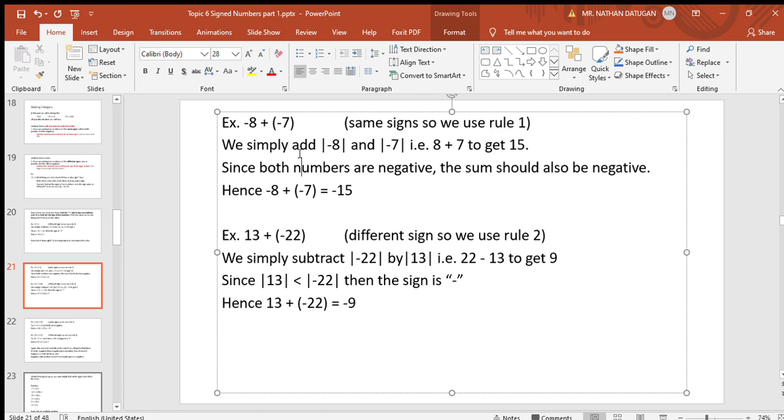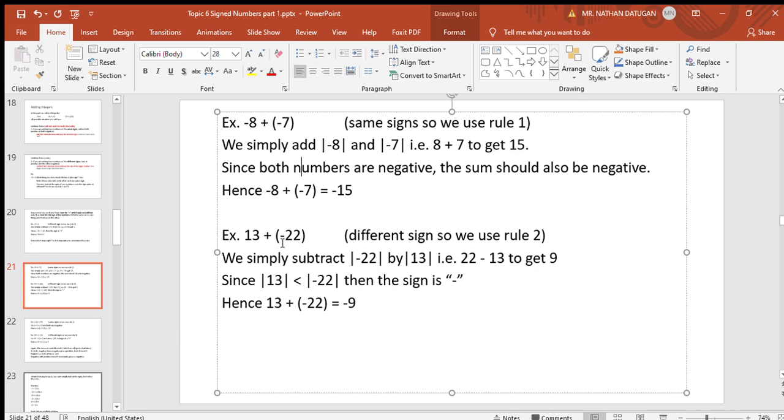We simply add the absolute values of -8 and -7, so 8 plus 7, which is 15. The second part of the rule is to use the common sign, which is negative. So -8 plus -7 is -15.